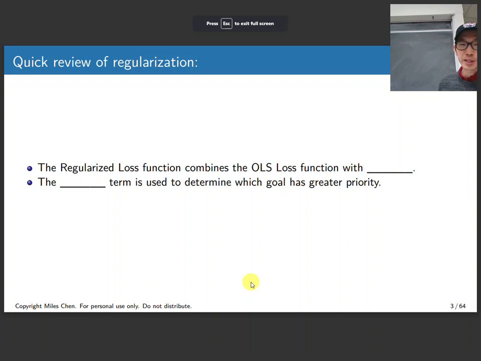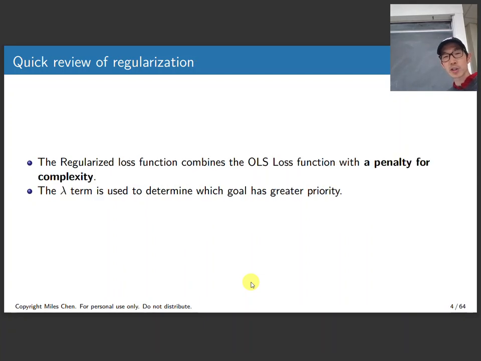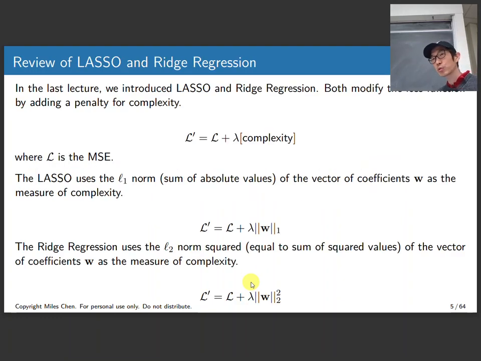Okay, so I wrote: the regularized loss function combines the OLS loss function with blank, and it's going to be a penalty for complexity, okay? And then the blank term is used to determine which goal has greater priority, and that would be the lambda term, okay? So you can say which one is more important: reducing the RSS, residual sum of squares, or your mean squared error, or whatever your OLS term is, or reducing the complexity.